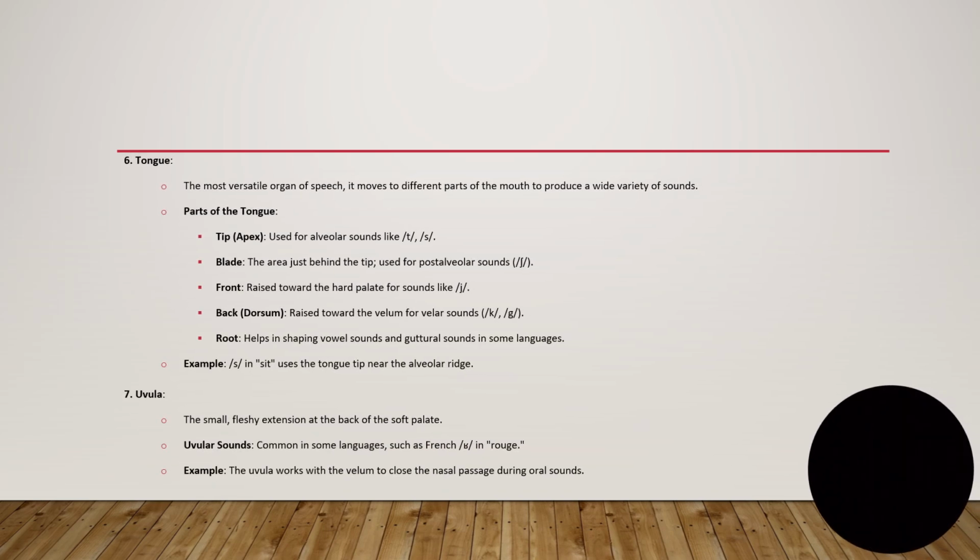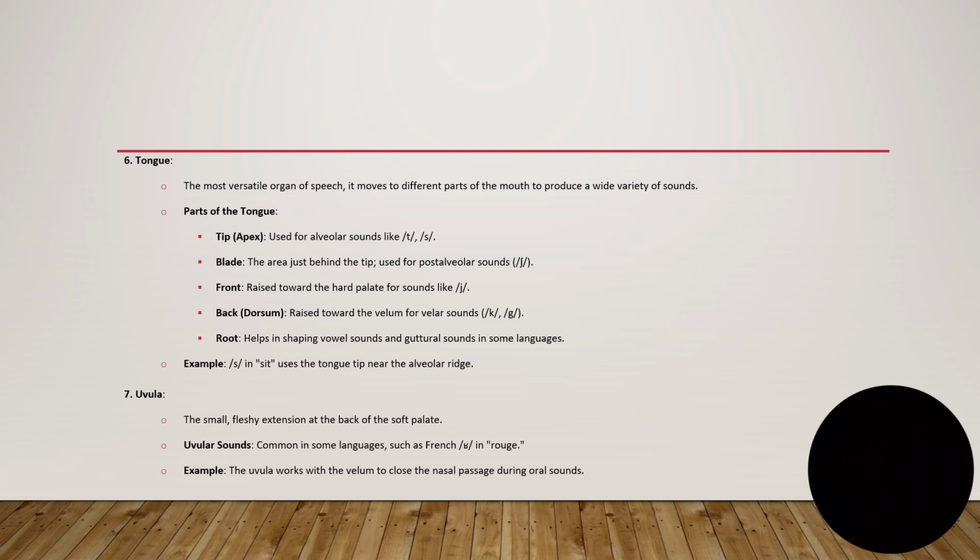The tongue, the most versatile organ of speech, moves to different parts of the mouth to produce a wide variety of sounds. Parts of the tongue: we have the tip of the tongue, used for alveolar sounds like t and s. We have the blade, the area just behind the tip, used for post-alveolar sounds.